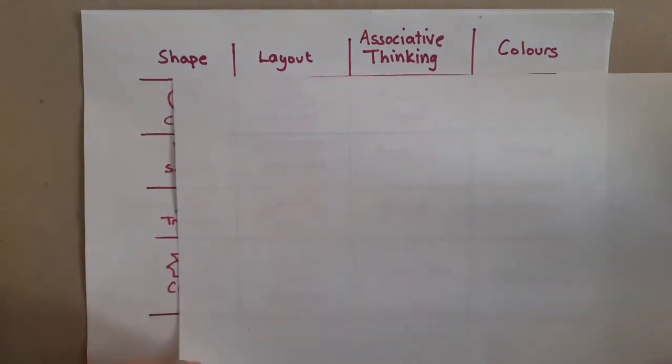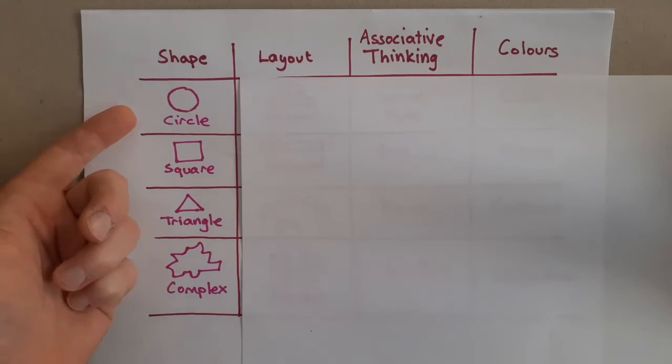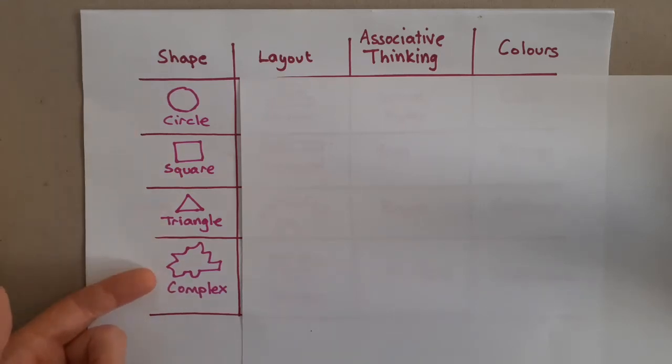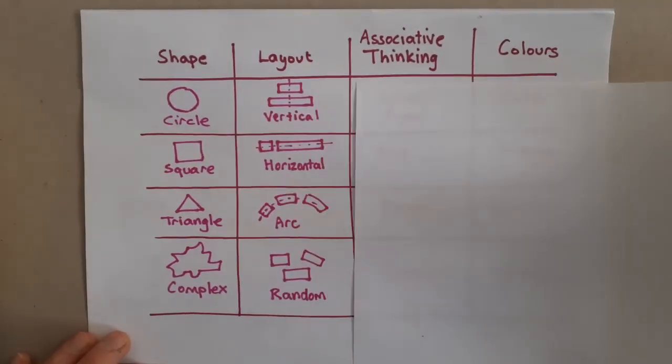Okay, in the shape column, I've thought to myself, right, okay, what kind of shapes do I normally see logos arranged in? Well, sometimes I see circular logos, square logos, triangles, and then shapes that are maybe complex. Underneath layout, and I'm thinking back to my alignment exercise here, what are the sorts of ways that we could align the different elements of the logo?